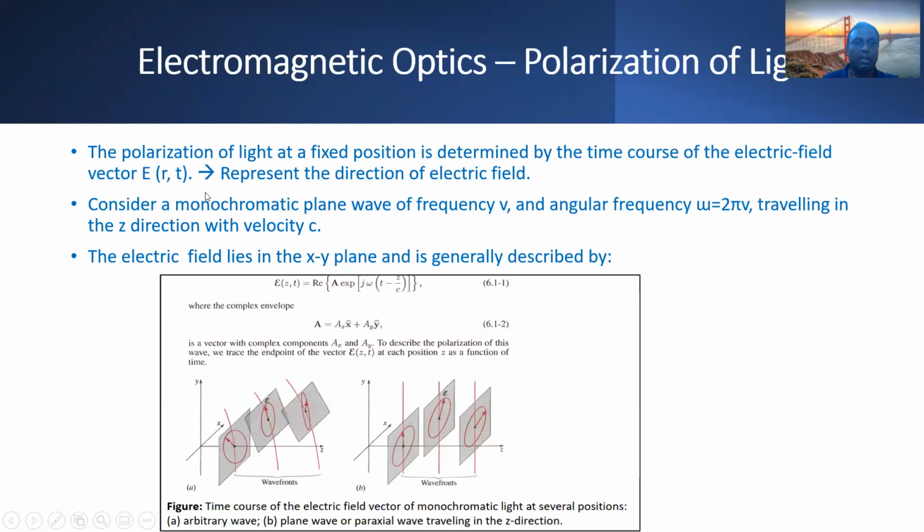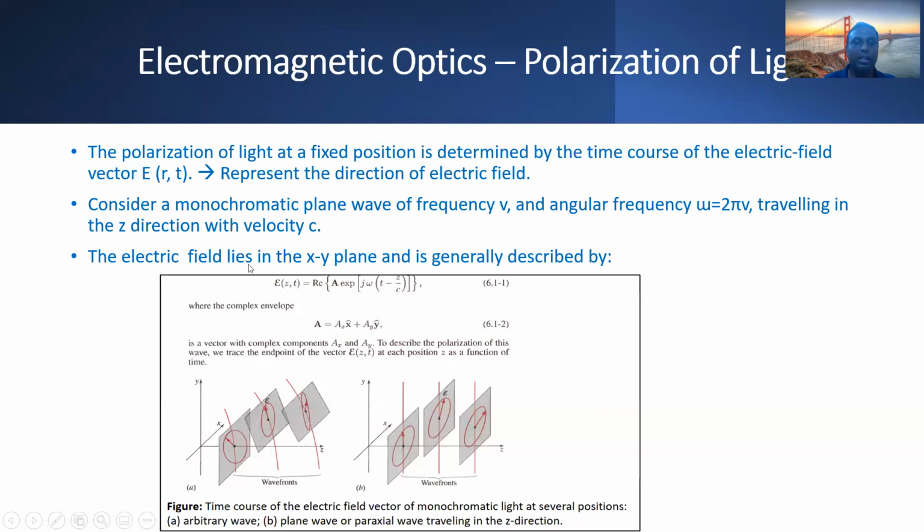Polarization of light. The polarization of light at a fixed position is determined by the time course of the electric field vector, which represents the direction of the electric field. Consider a monochromatic plane wave of frequency nu and angular frequency omega equals 2 pi nu, traveling in the z direction with velocity c.